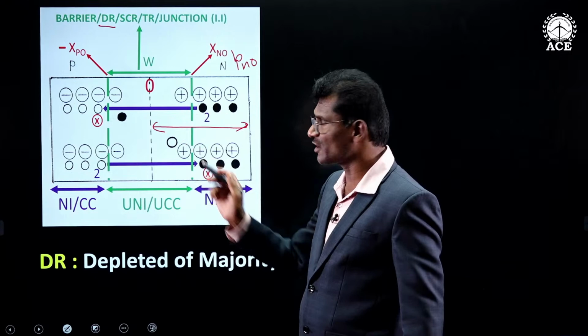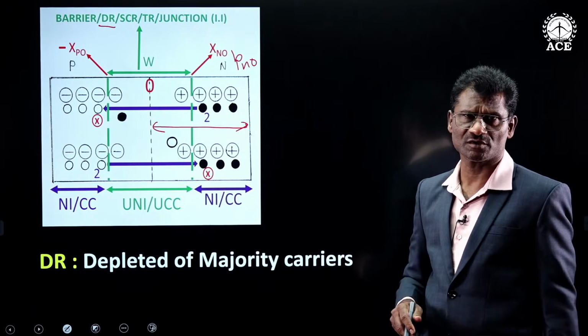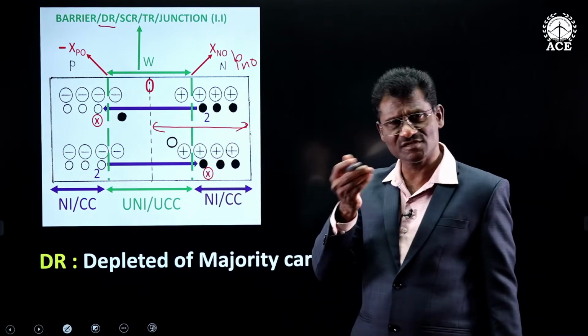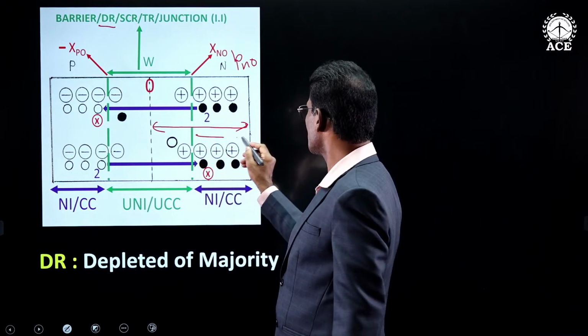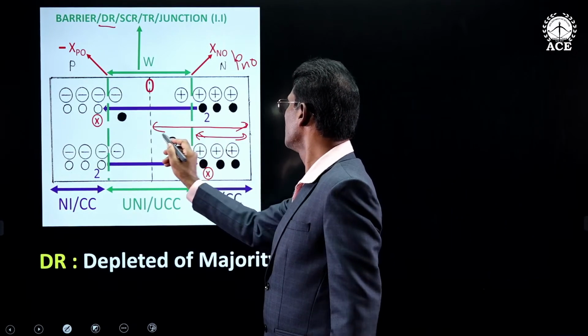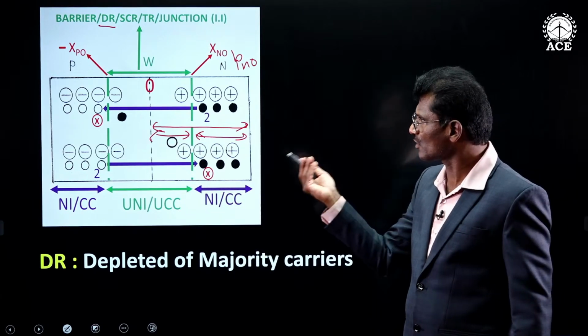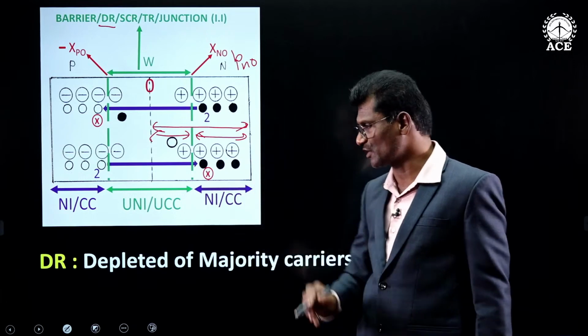In this depletion region, how much is the temperature? Same as room temperature. See, throughout the length of the device, temperature is the same, equal to room temperature. So in this area and in this area also, due to electron hole pair generation, due to temperature, electrons and holes will be generated.